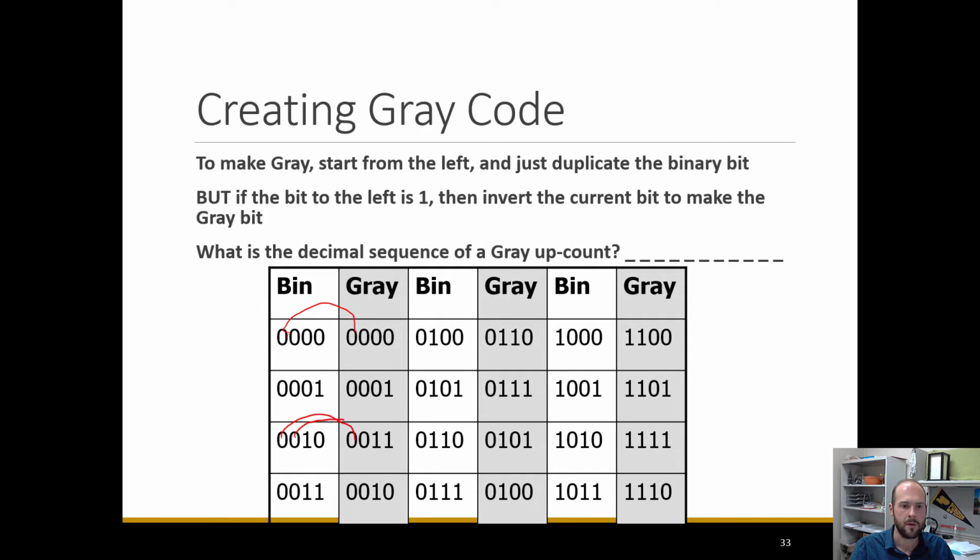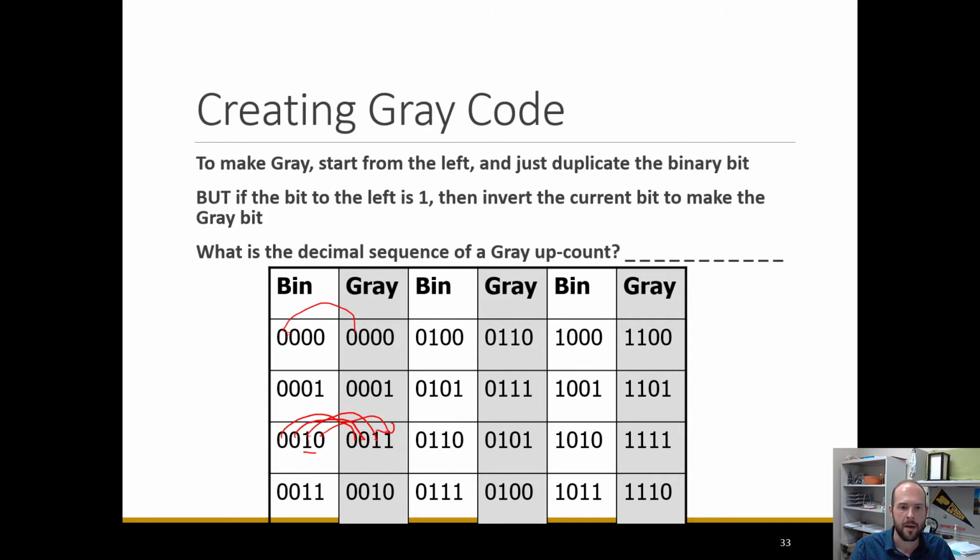This 0, just move it over. This 1, just move it over. And this 0, the 0 is moved right there. However, this 1, if we look at the binary, has a 1 to the left of it, so it must be flipped. So it goes from a 0 to a 1. That's why that one changes, because there's a 1 to the left of it right here.